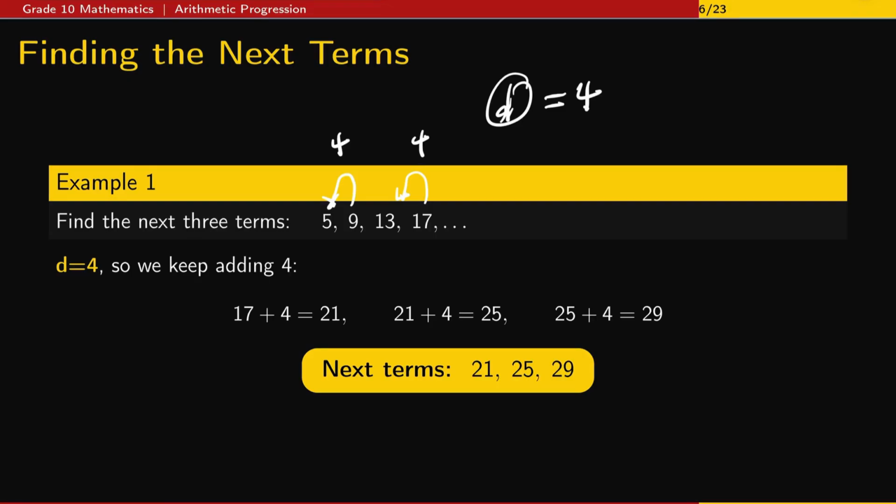So to find the next term, I just add 4. So 17 plus 4, I get 21. Then 21 plus 4, I get 25. 25 plus 4, I get 29. So those are the next three terms in this sequence.